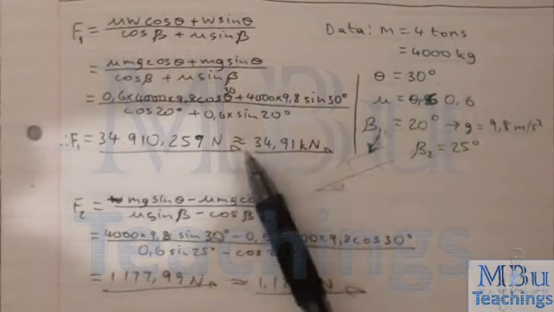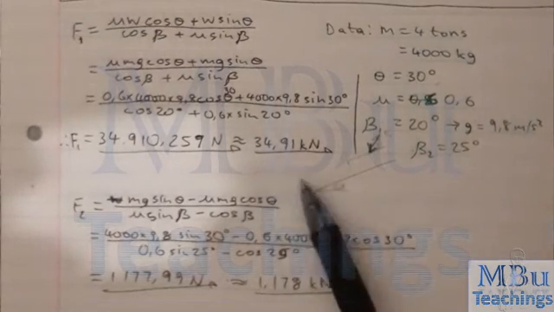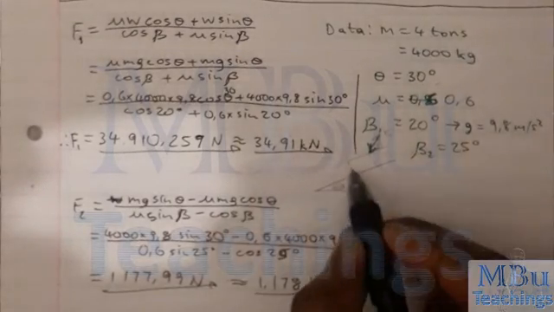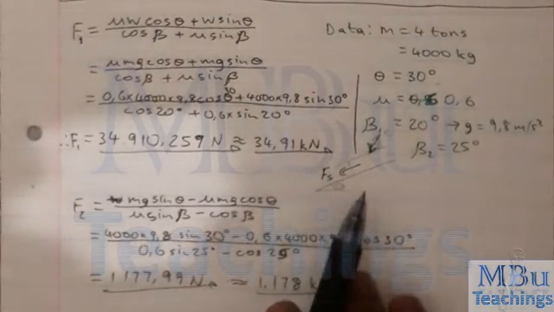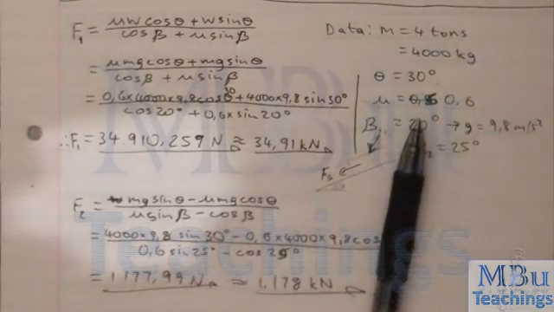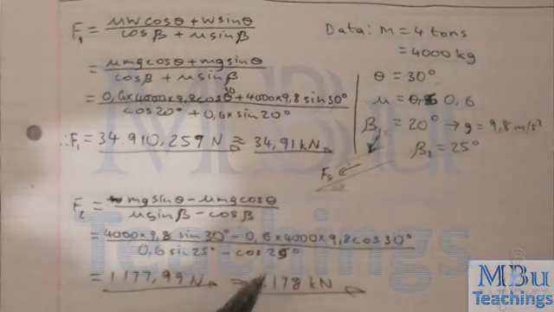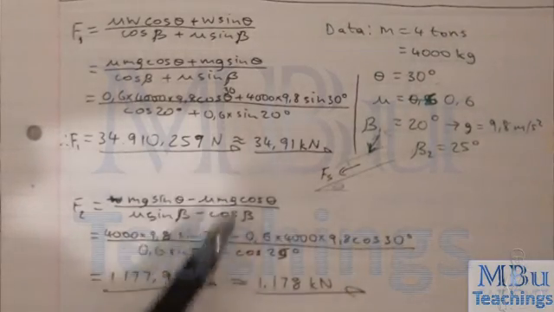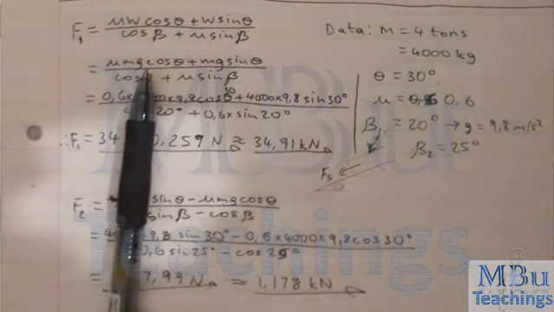That is why we have to consider the parallel weight component, that Fs. That is the one that makes this whole lot of difference. If we didn't have that parallel weight component, we wouldn't experience such a huge difference. That is what is implied by these different answers, and the values are quite huge.